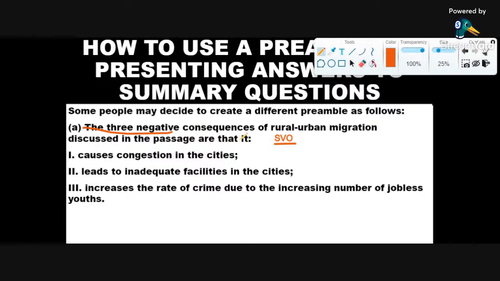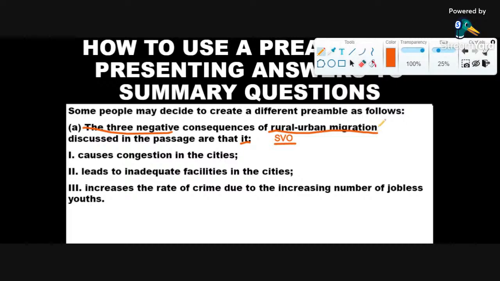And that is it. That's exactly it. This "it" is a pronoun referring to rural-urban migration. This is the antecedent of the personal pronoun "it". Okay?